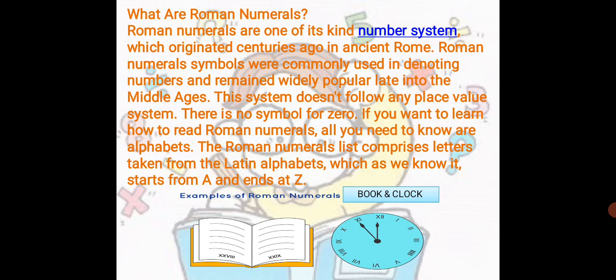If you want to learn how to read Roman numbers or Roman numerals, all you need to know are alphabets.